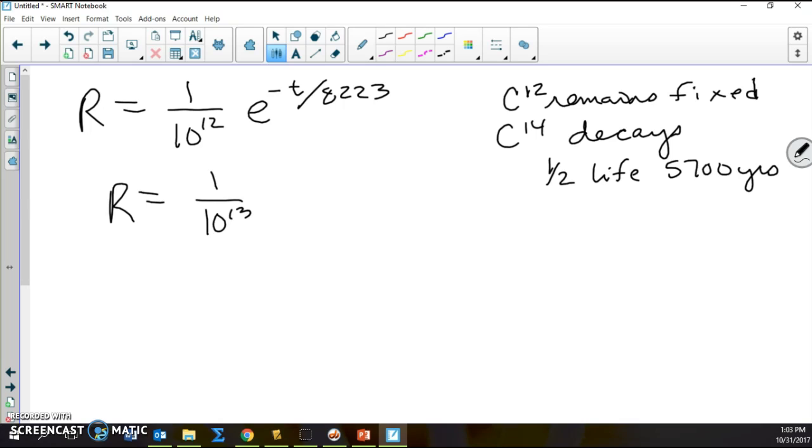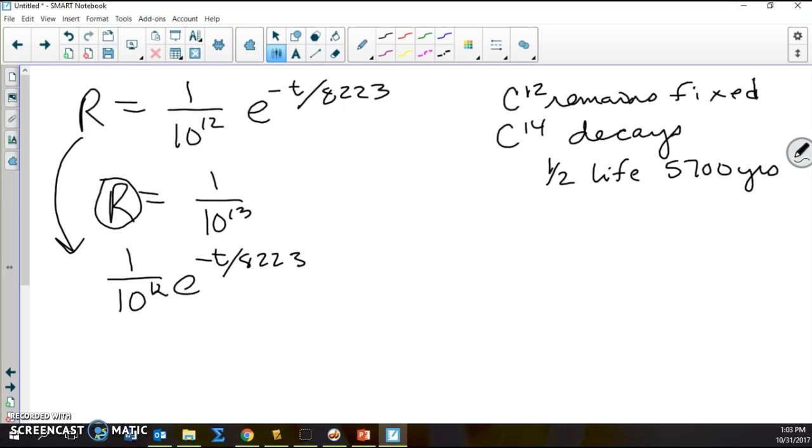So we're going to take this model above, and we're going to replace the R with the R that we know to be present in the material that was just found. So 1 over 10 to the 12th times e to the negative t divided by 8,223 is equal to that which we just found, 1 over 10 to the 13th.